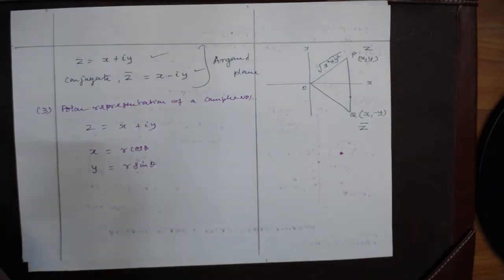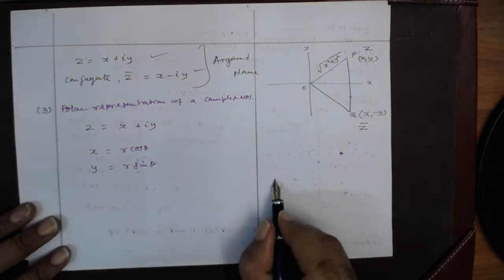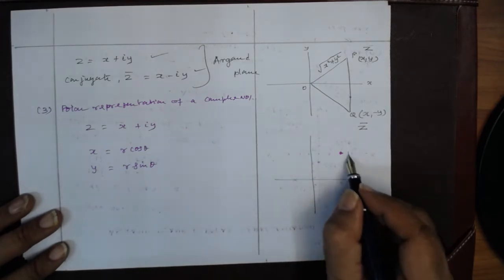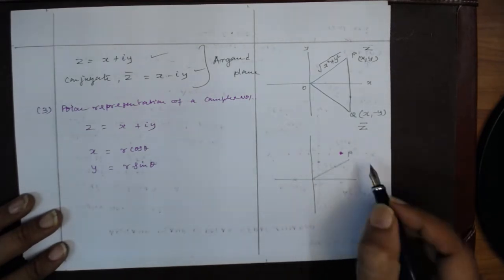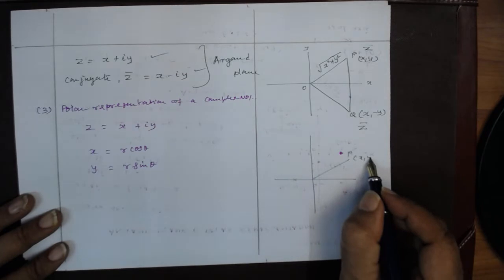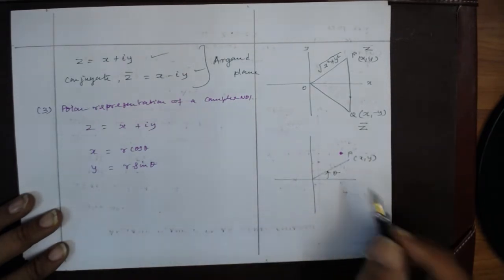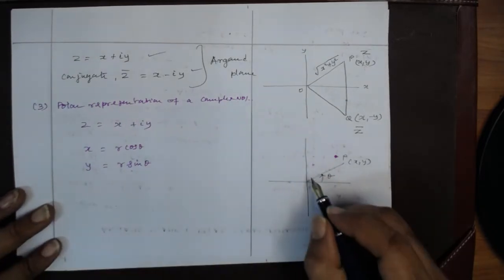Now let me explain this with a graph. Let us consider the same x-axis and y-axis. P is a point (x, y), and it subtends an angle theta. And we already know what this is.